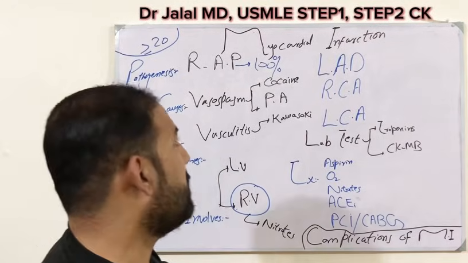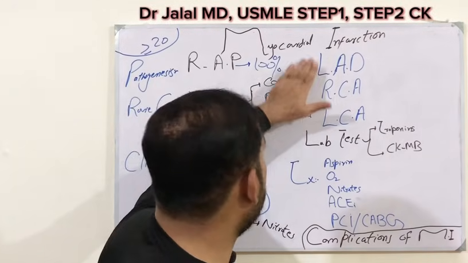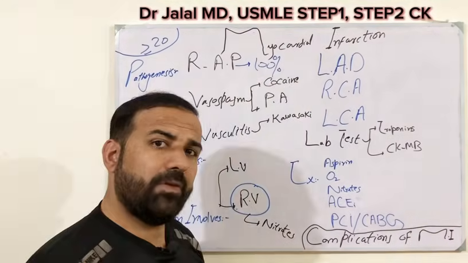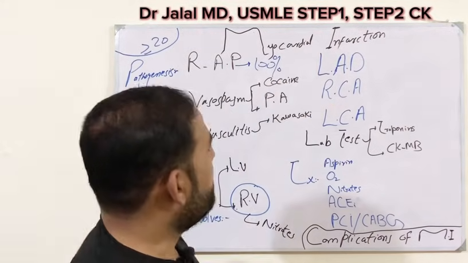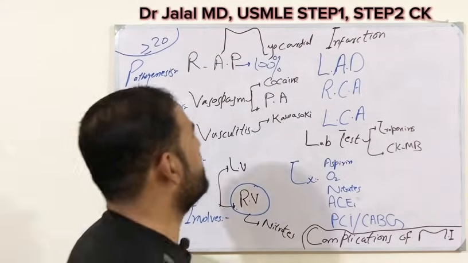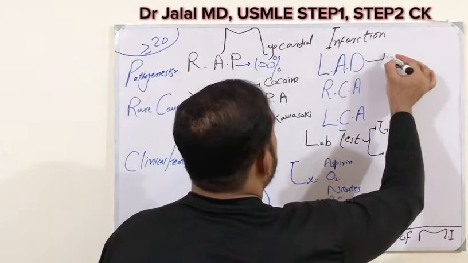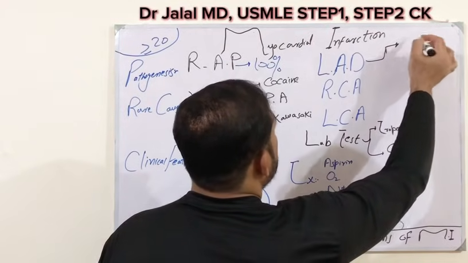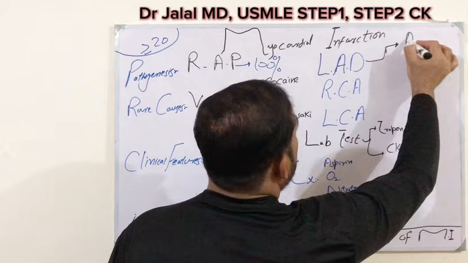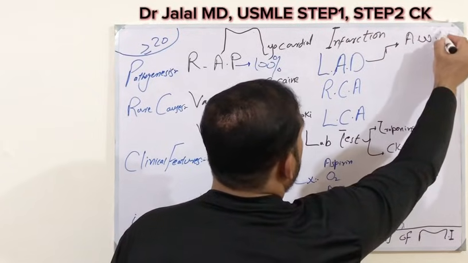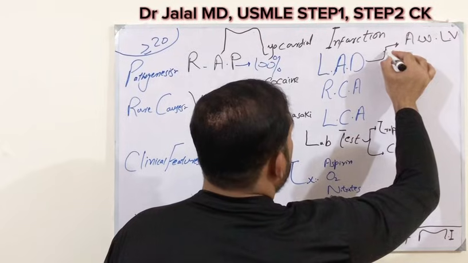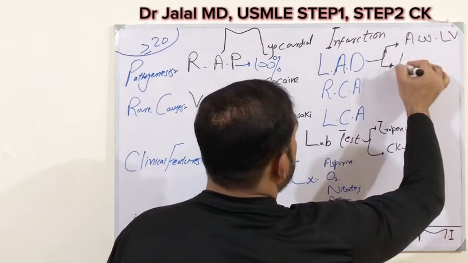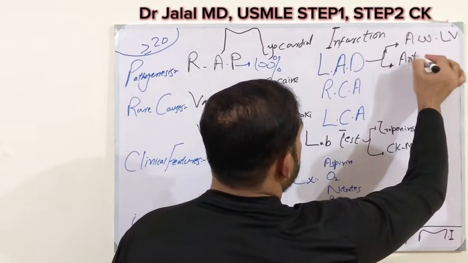Before talking about these specific arteries involved in MI, you have to be familiar with the parts of the heart fed by these specific arteries. For example, the left anterior descending artery is going to feed your anterior wall of the left ventricle as well as the anterior septum.